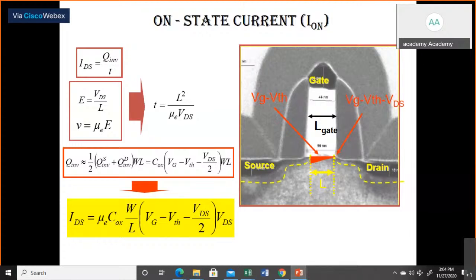And this inversion charge equation, half of the source side, half of the drain side. This way we can get the equations here, and if we solve the total equation, the conventional MOSFET equation is given by mu C_ox (W/L) ((VGS minus VT) VDS minus VDS square by 2). This is the conventional MOSFET equation for any device.